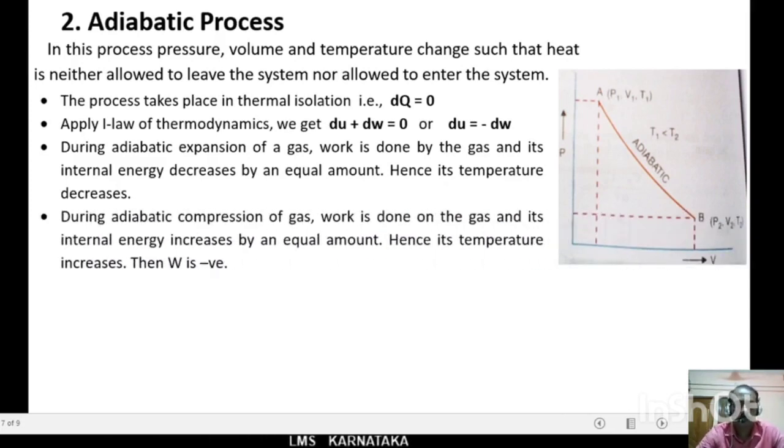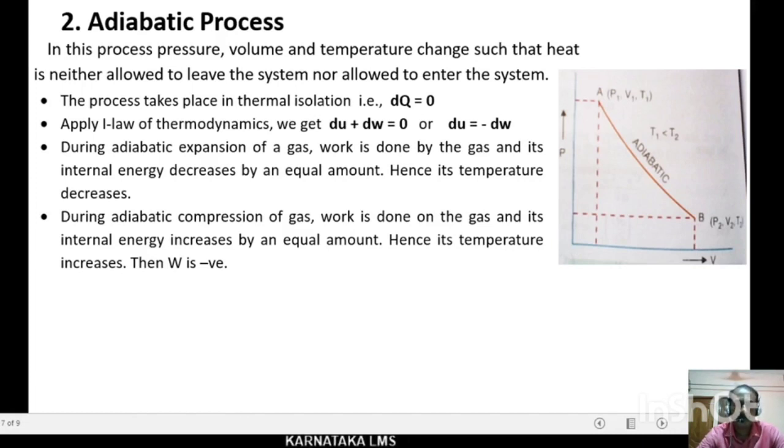Suppose adiabatic compression takes place. Then work is done on the gas, not by the gas. Here during adiabatic compression, work is done on the gas and its internal energy increases by an equal amount.